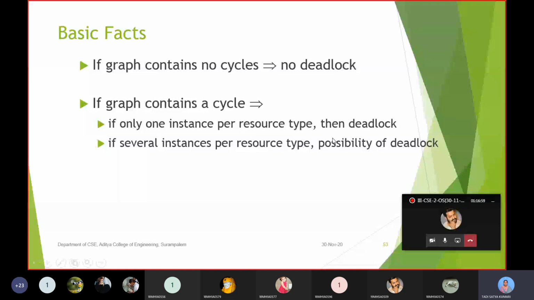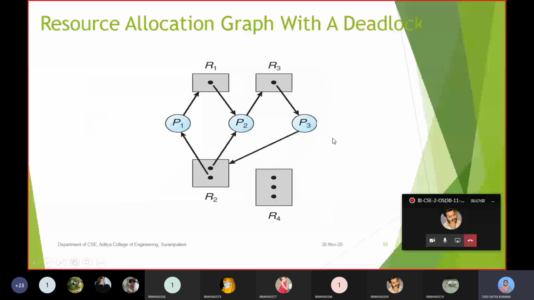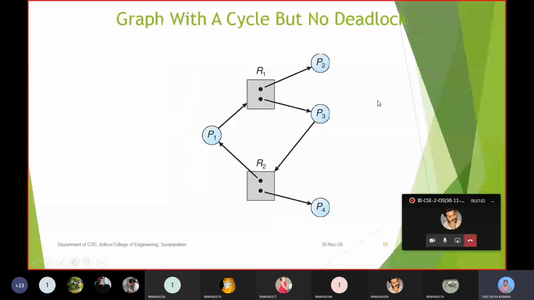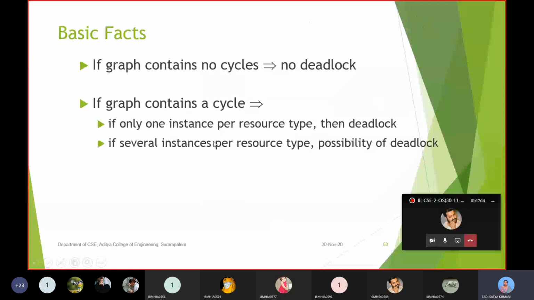That means here, if you compare the previous 2 resource allocation graphs, only one instance is available for R1 and R3. Even though there are cycles in the graph, if multiple instances of the resource type are available, then there may be a chance of occurrence of deadlock.